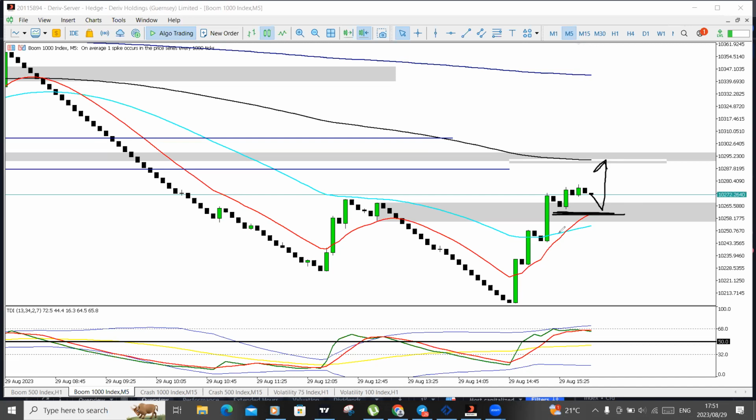I'm just trying to make sure that I get at least half of my target in case price doesn't get there and wants to melt down again. I need to at least take 50% of the total target I was aiming for. At 50%, that's where I scale out. That's how I'm trailing this particular one. It will all depend on the setup, but for this particular one, that's how I'm approaching it.